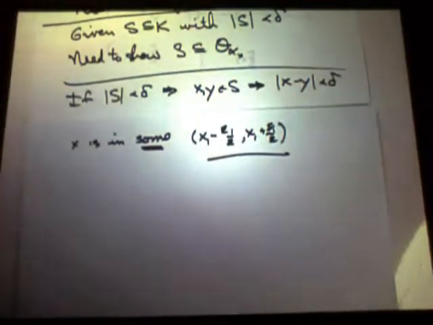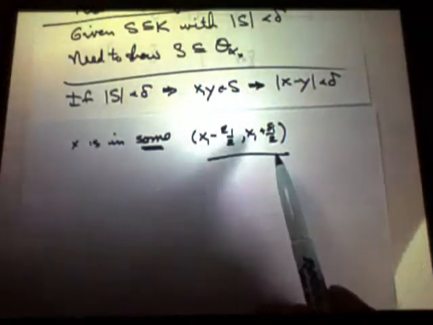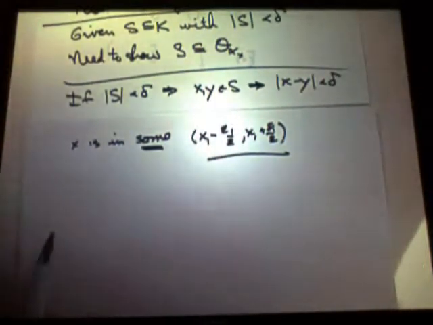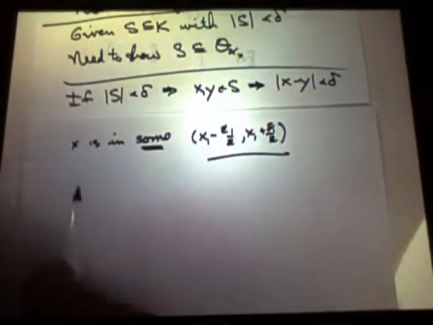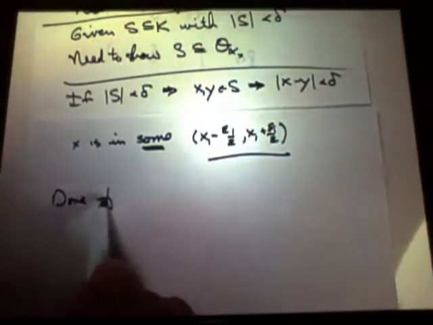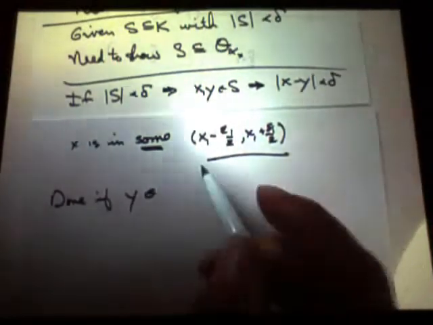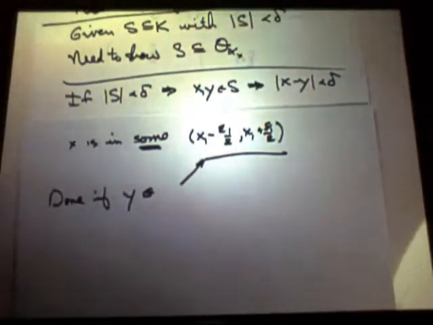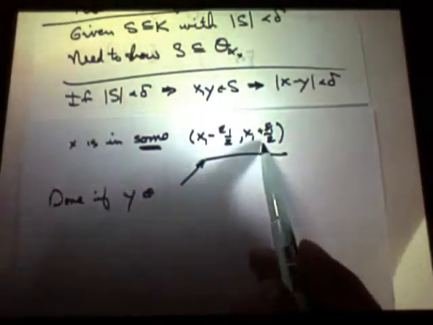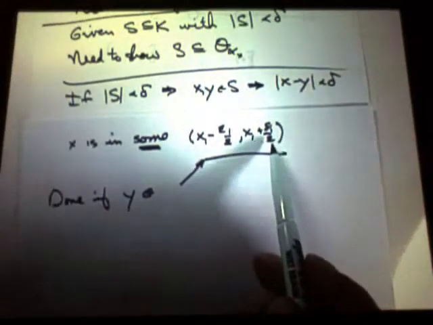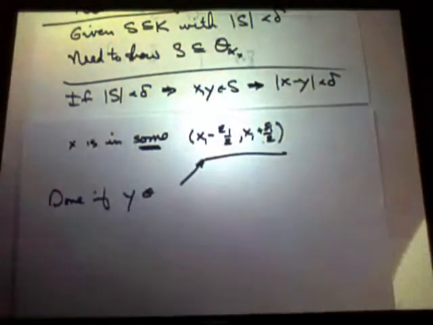And x is in S, so x is in K, so x is in one of these, has to be. We're just saying it's in the ith. Done if y is in that, right? Because if y is also in this one, it is in O alpha i, which was an original member of the company.